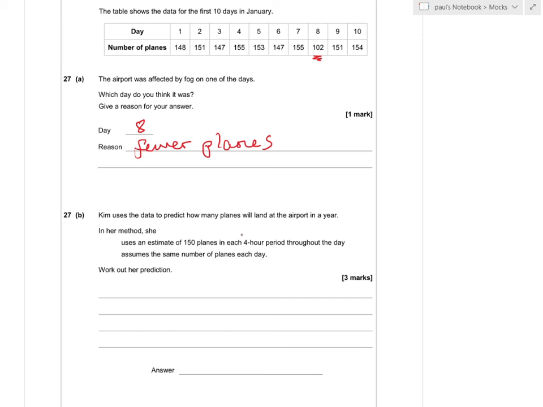Work out a prediction. So we've got 150 planes in each 4-hour period. So we need to do 24 divided by 4. How many 4-hour periods? There's 6, and that's a day.